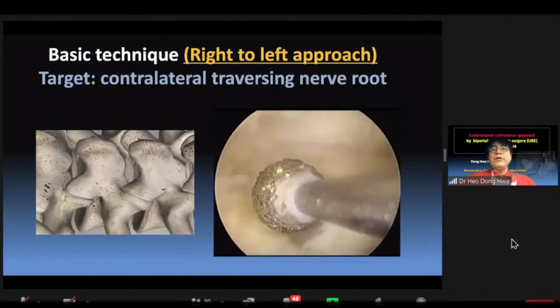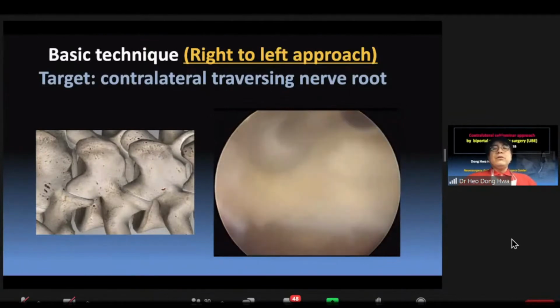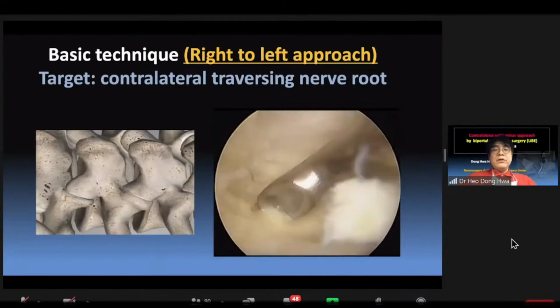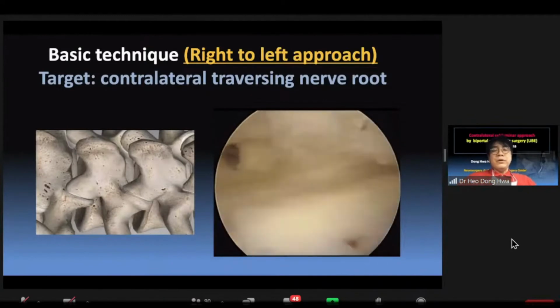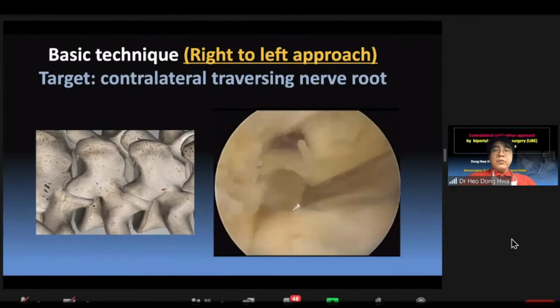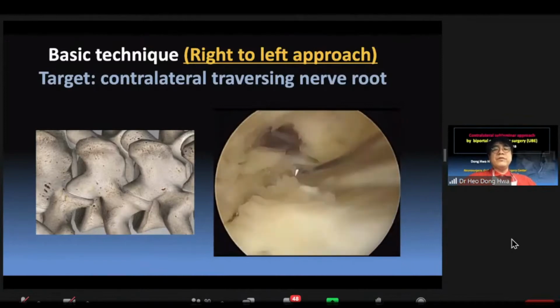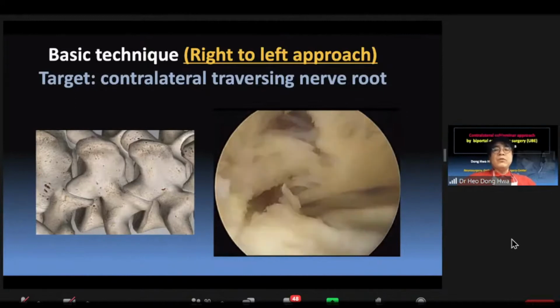Now I drill the lower lumbar lamina and upper portion. So you can see the lower border, and we can easily detach the ligamentum flavum from the upper portion of the lower lamina.